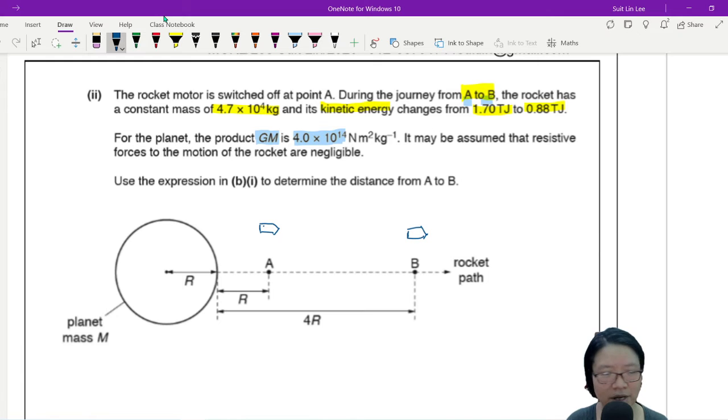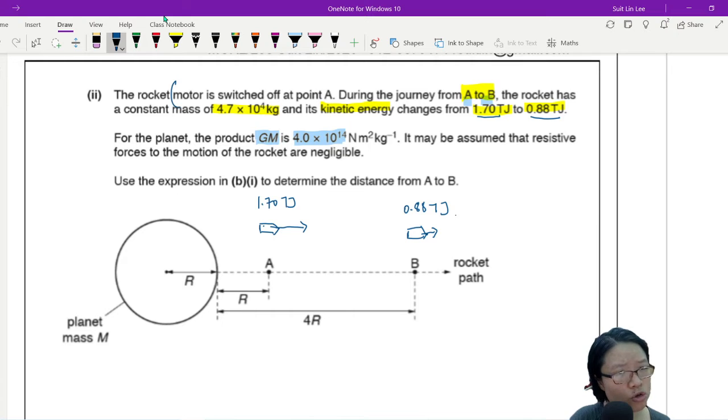I always lose in the scribble.io stuff. We don't know the speed, but we do know the kinetic energy. Because the kinetic energy changes from 1.7 to 0.88 terajoule, I know the speed decreases. So this is 1.70 terajoule, 0.88 terajoule. I draw a shorter arrow.